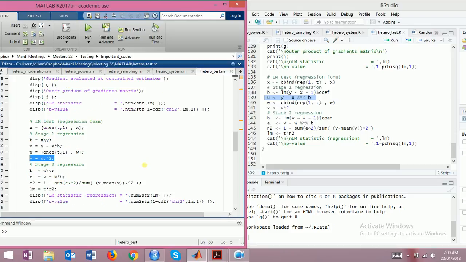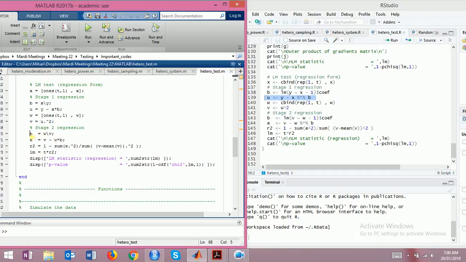The stage 2 regression is beta, where v is regressed on omega. Sorry, v is regressed on omega, and v is u square, right? Yeah, v is u square, because let me show you.